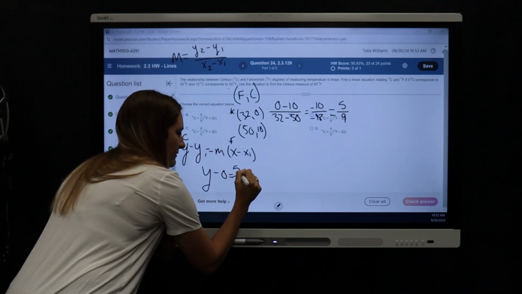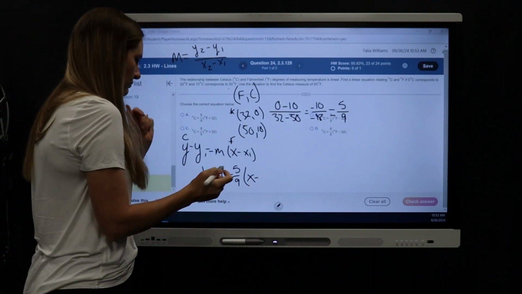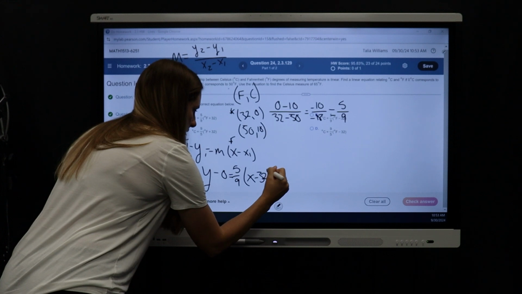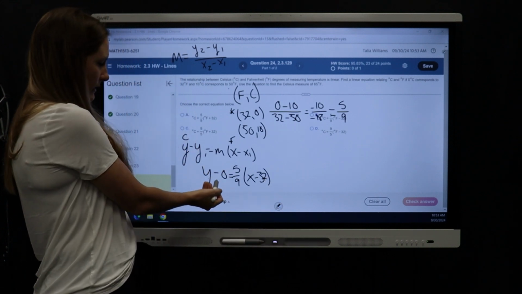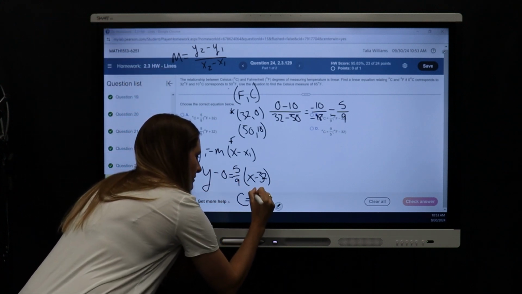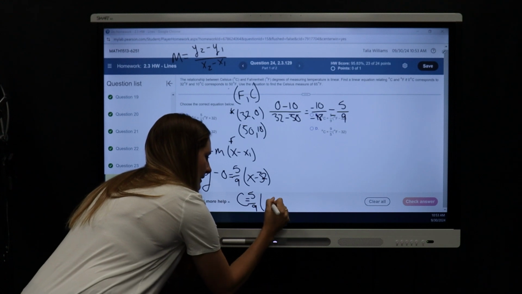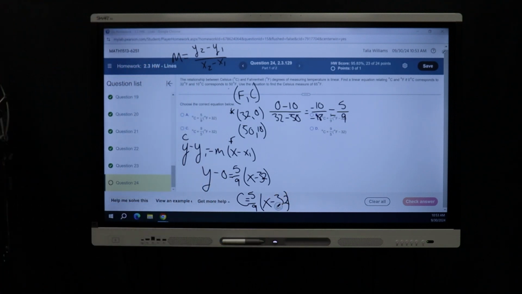So we have 5/9 times x subtract 32. And then when I change my C and my F, subtracting 0 is nothing, so we have C equals 5/9 times x subtract 32.